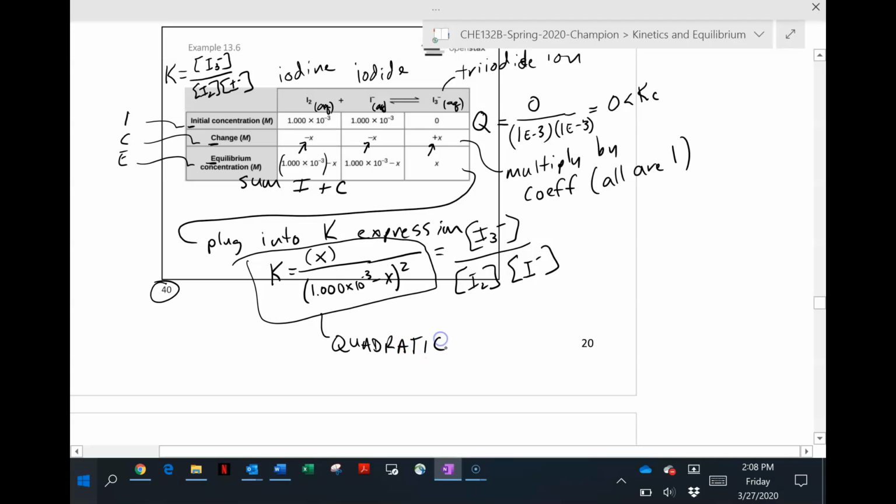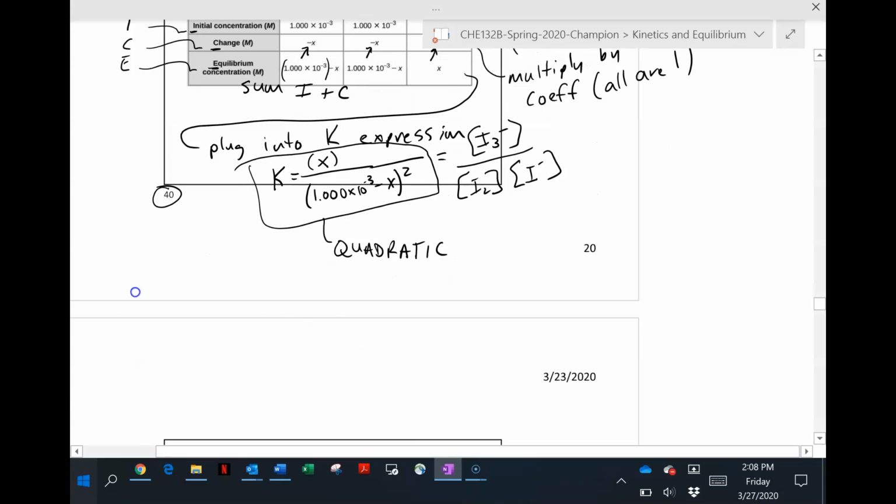A lot of times we might have to solve that using the quadratic equation. We may have tricks that make it easier for us. We can't really do anything with this because we don't know what K is, but usually on this kind of problem we would know what the value of K is. But that's sort of how you work on an ICE chart there.